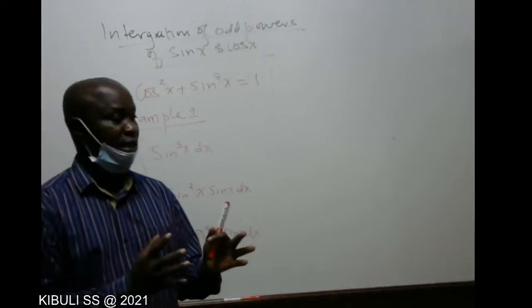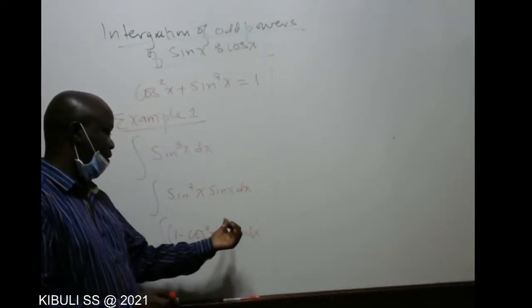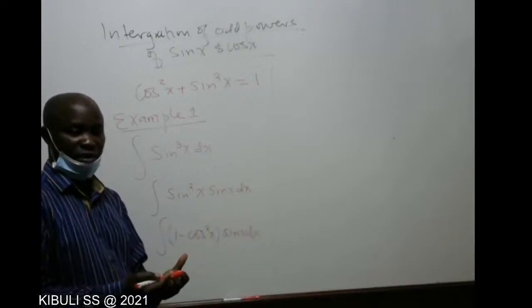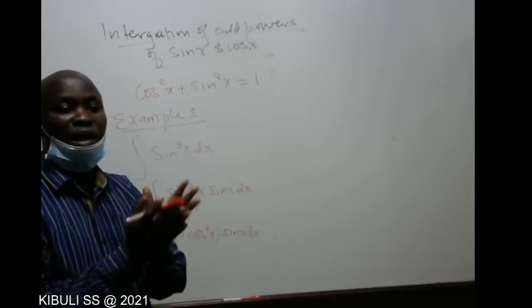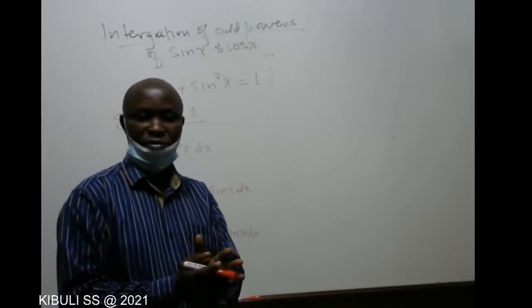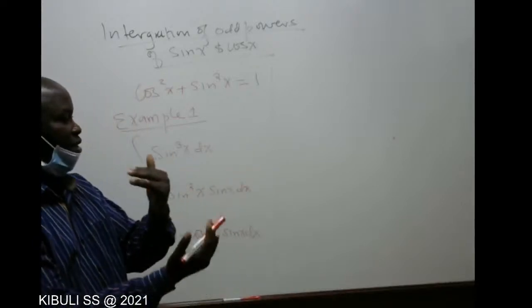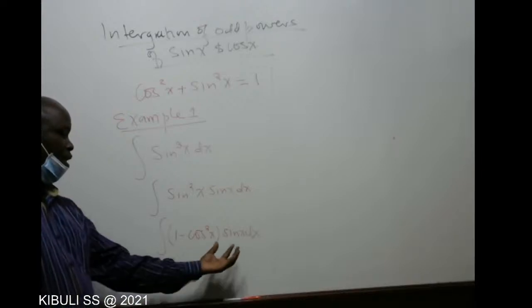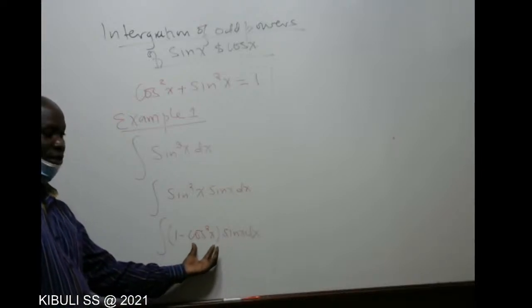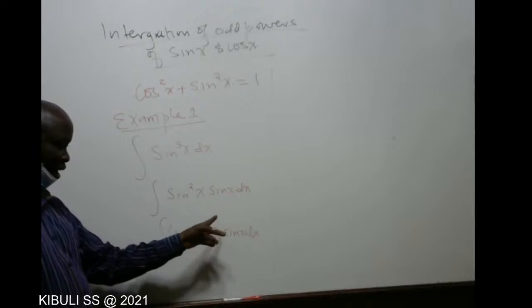In the integration of sine and cos, if you have cos and sine as a product, the trig ratio with the highest power becomes the function. This is the product of sine and cos squared, which means cos squared x and sine x.